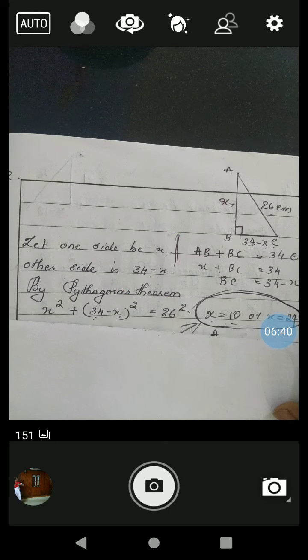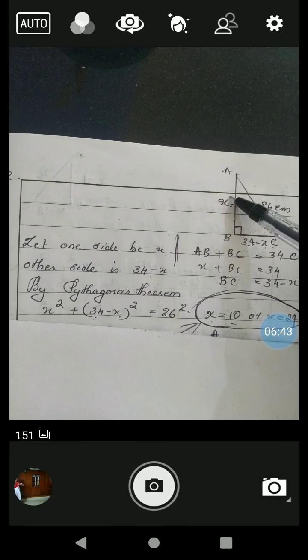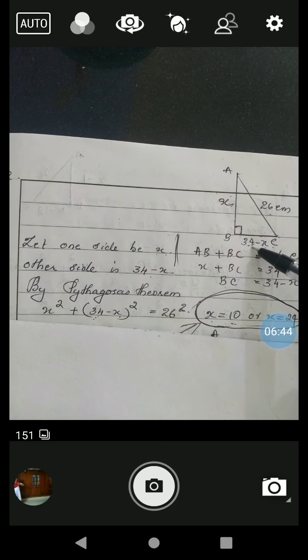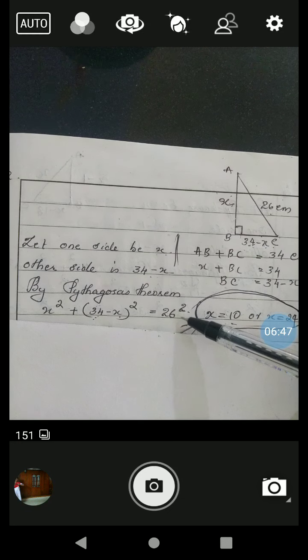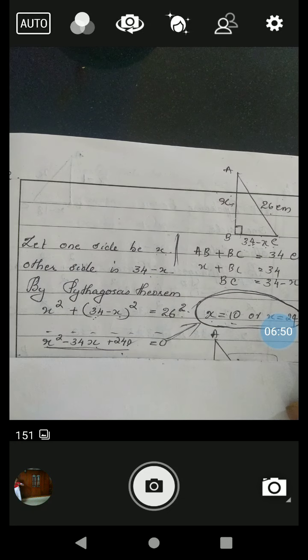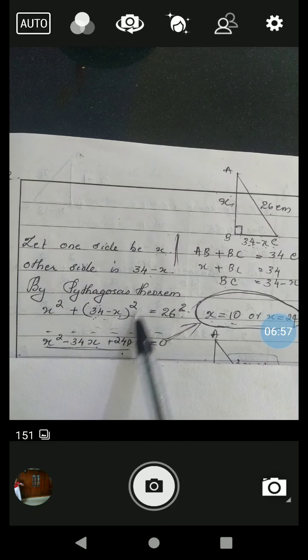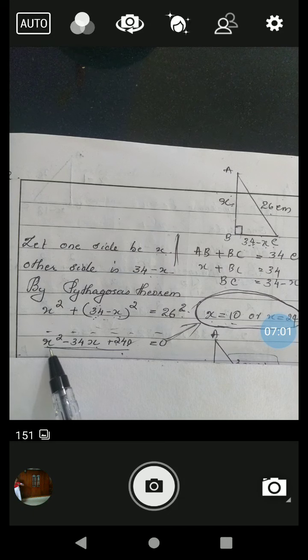By Pythagoras theorem, x square plus 34 minus x the whole square is equal to 26 the whole square. On solving, you can open this bracket as usual, that is the a minus b the whole square form. And when you do it that way, you will get a quadratic equation. Check whether your answer is correct or not.